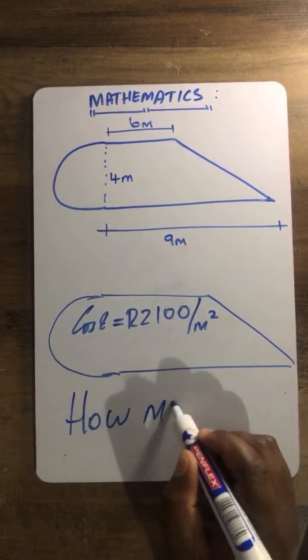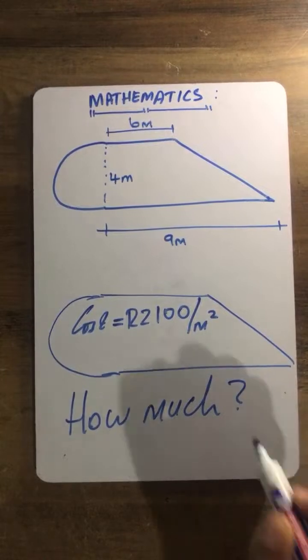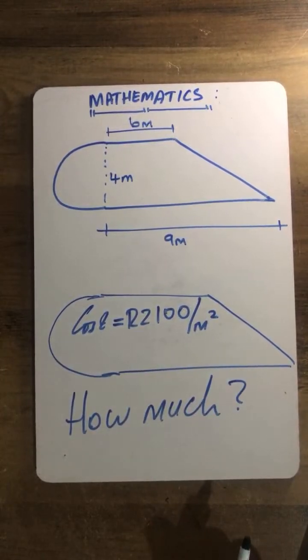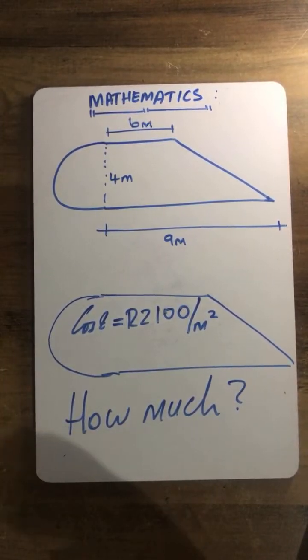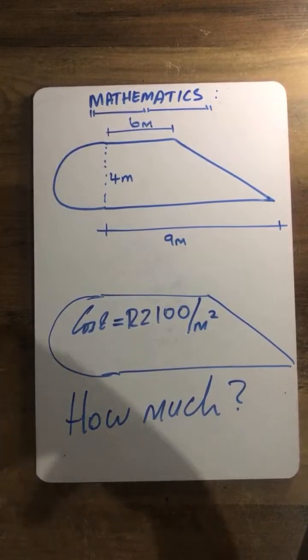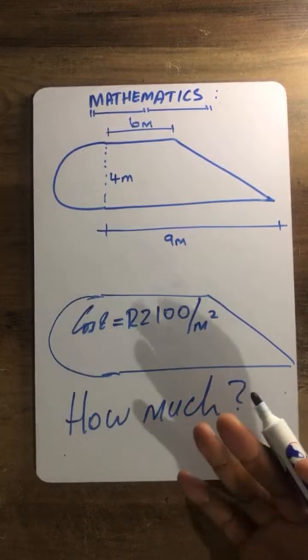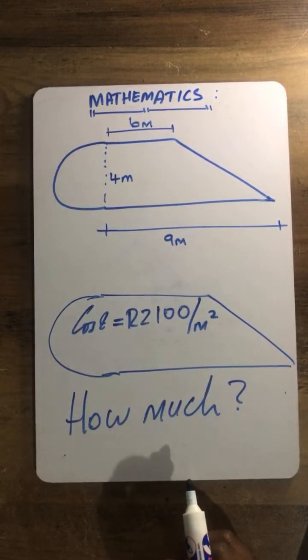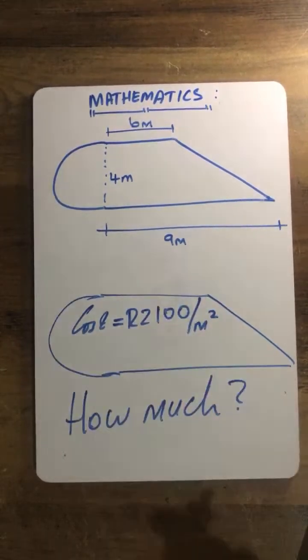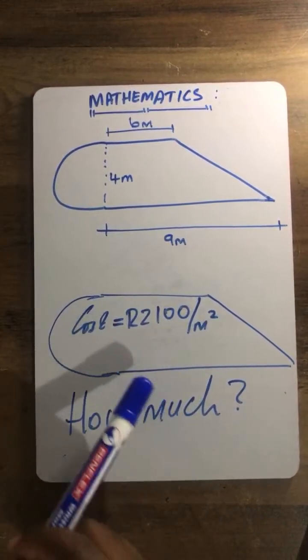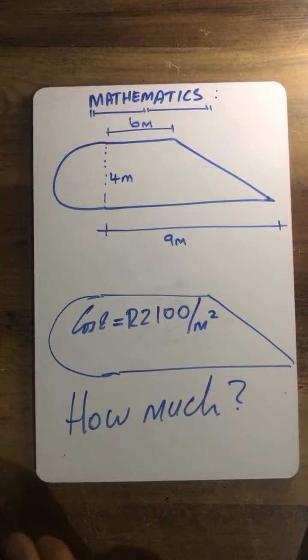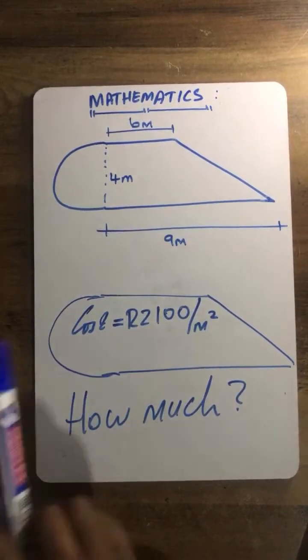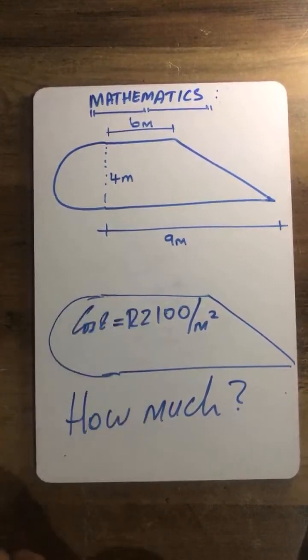In practice or in real life, these are the kind of questions you're going to be asking yourself. A client comes to you and says, I want to build a swimming pool of this shape, and these are the dimensions.